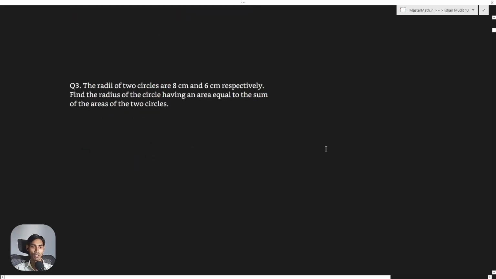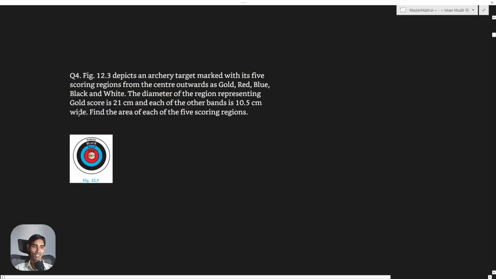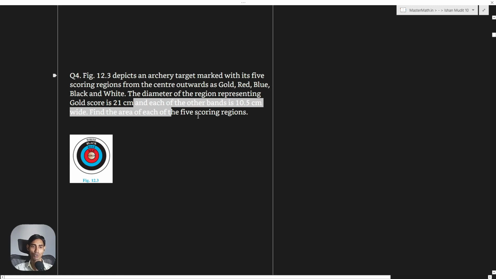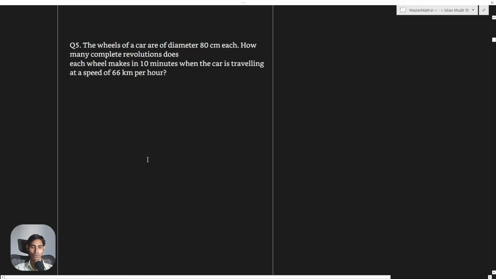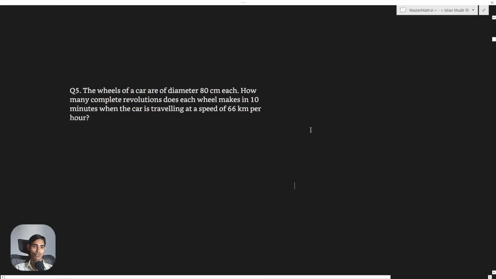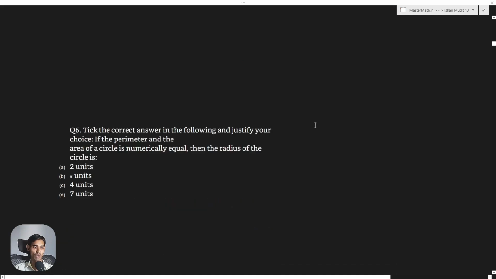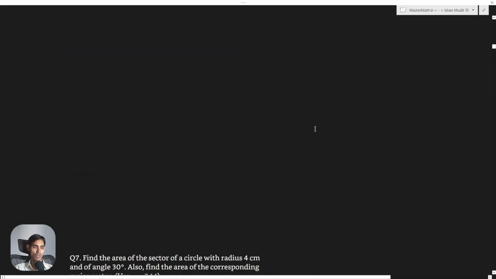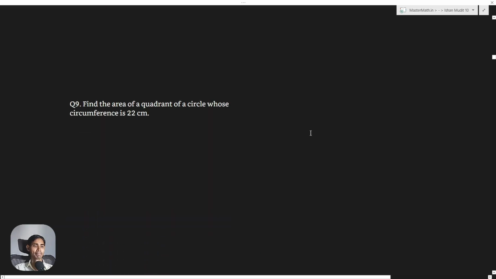I have also included the previous, this was the first exercise of the old NCERT. So these questions are also included. But a few questions are kind of overlapping and expected. We need to do that also.